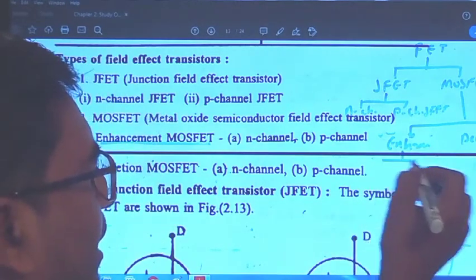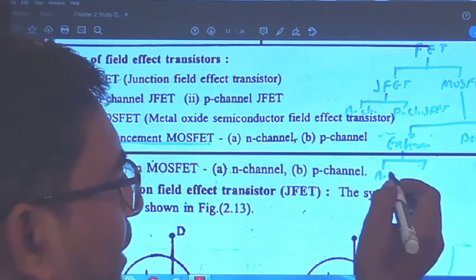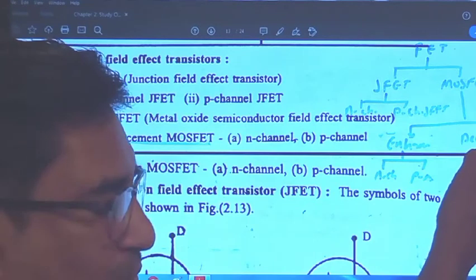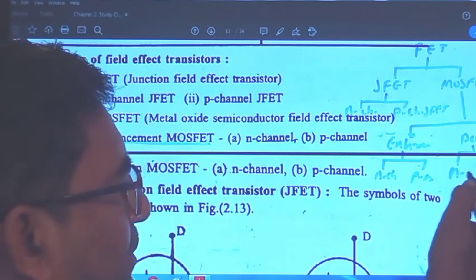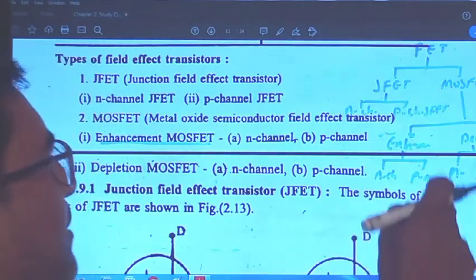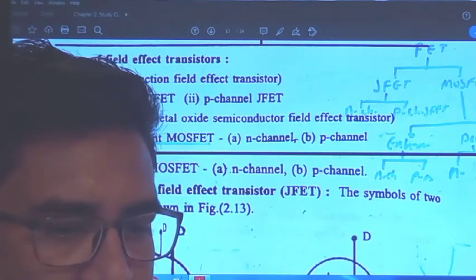The enhancement type is again classified into two types, that is the N channel and the P channel. The depletion MOSFET is again classified into two types, that is an N channel and a P channel. Okay, so this much is the classification, meaning the types of field effect transistor.